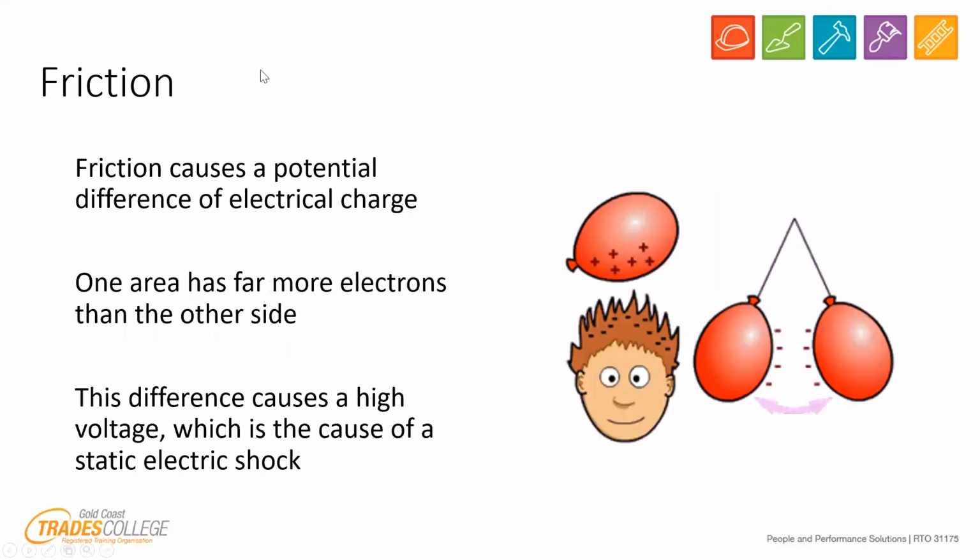Friction. We're not going to spend too much time on this one. How does friction work? Like lightning, or like old mate here with the balloons. If you rub the two together, electrons build up on one side, so there's a difference in electrons from one side to the other. If I wanted to get my voltmeter out to measure the difference from one side to the other, I would have a voltage there.